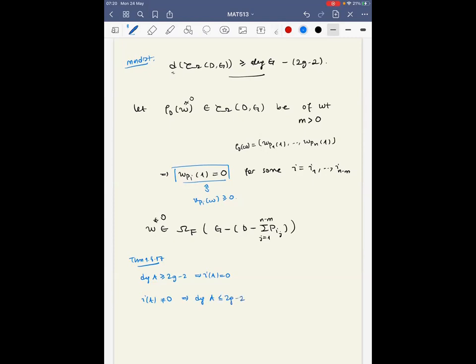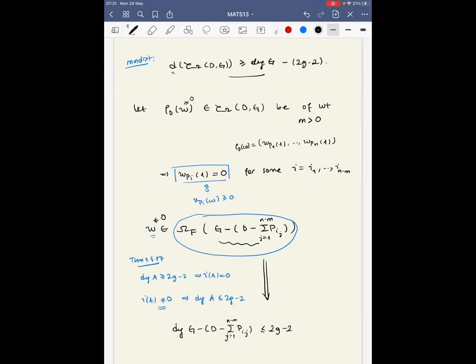So we can conclude that the degree of this divisor is less than or equal to 2g minus 2.